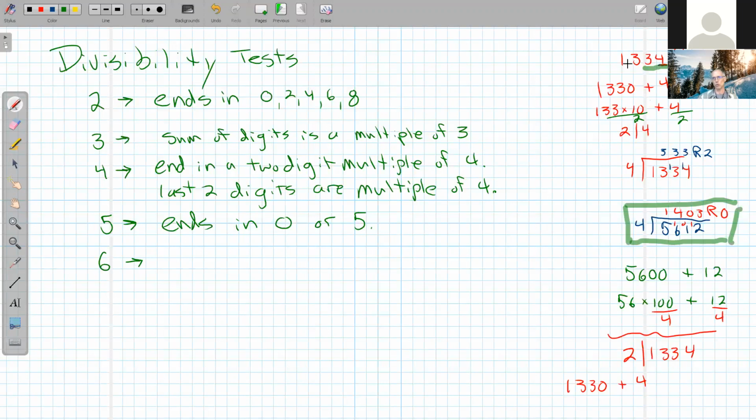Does 6 go into 1,334? Does 6 go into 5,612? I'll give you a hint. 6 is equal to 2 times 3.